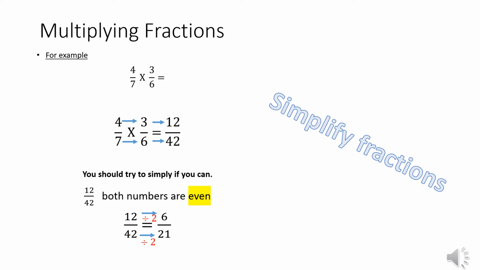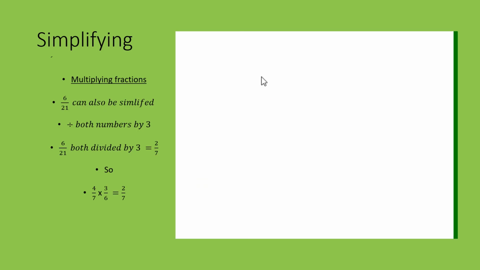So our new fraction is 6/21. And remember, that has the same value as 12/42. So let's look at some more simplifying here. We have got 6/21, and this can be simplified because we know that both these numbers come in the 3 times tables.